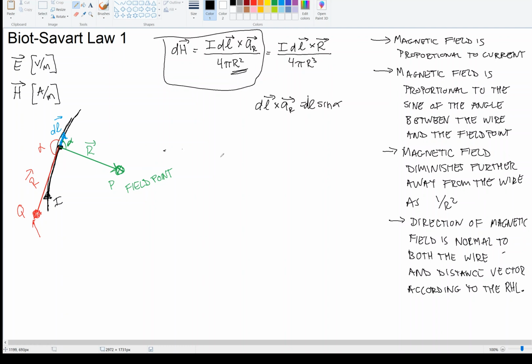What we can do is we can also have a sheet. We're going to talk about a surface, like a plate or a sheet, that carries current, maybe this way. So what we would talk about is how much, we call this K, how much current is passing through a line on that sheet at one point, right?